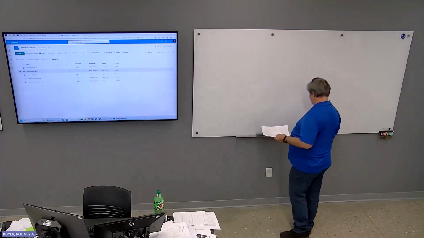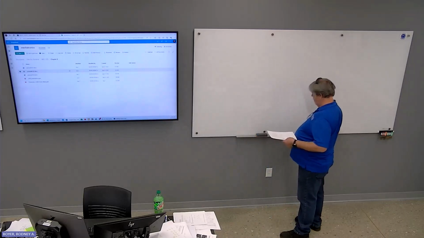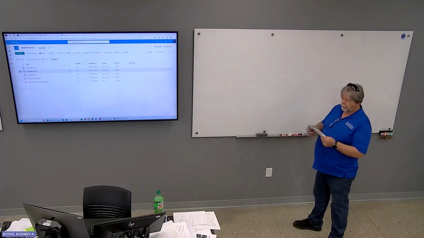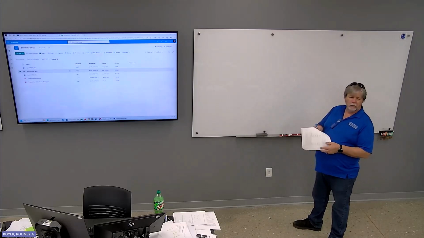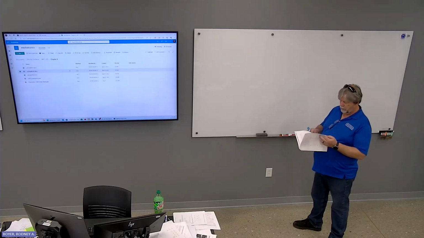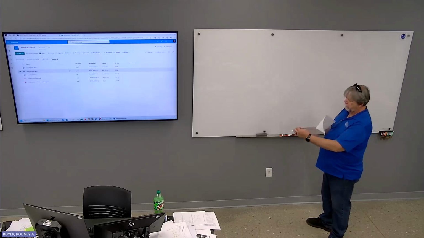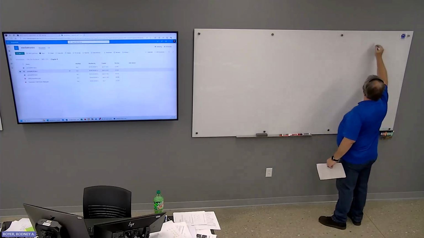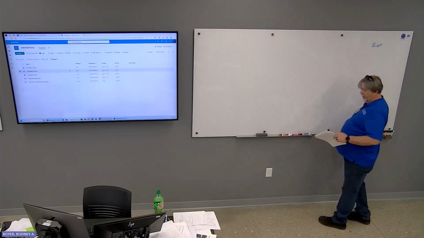Okay, so first thing we need to do is define our input devices. We know that there's no handy dandy chart like you guys have been using. So what do we have for input?